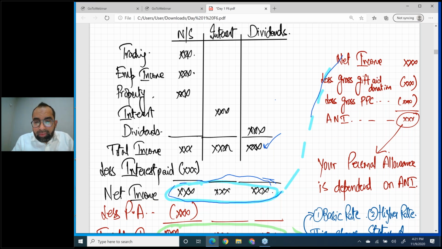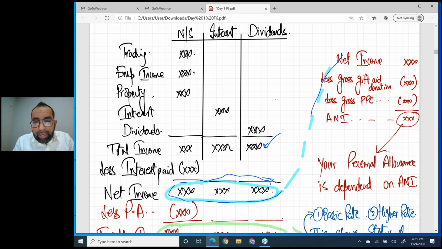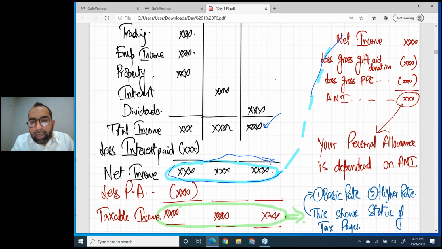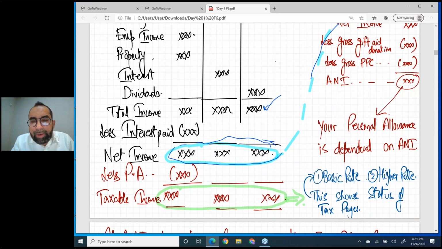Now see, on my screen I have already written that your personal allowance is dependent on ANI. Let me recall the timeline. If your ANI is between 0 and 1 lakh, then you have a fixed personal allowance of 12,500 pounds.